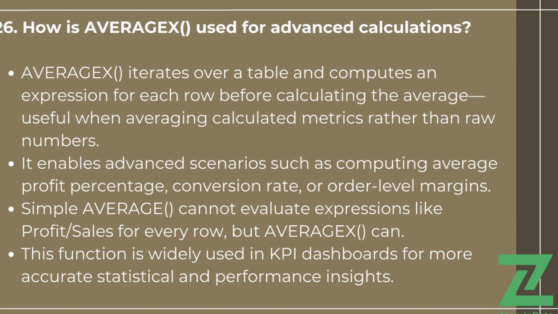It enables advanced scenarios such as computing average profit percentage, conversion rate, or order-level margins. Simple AVERAGE cannot evaluate expressions like profit or sales for every row, but AVERAGEX can. This function is widely used in KPI dashboards for more accurate statistical and performance insights.